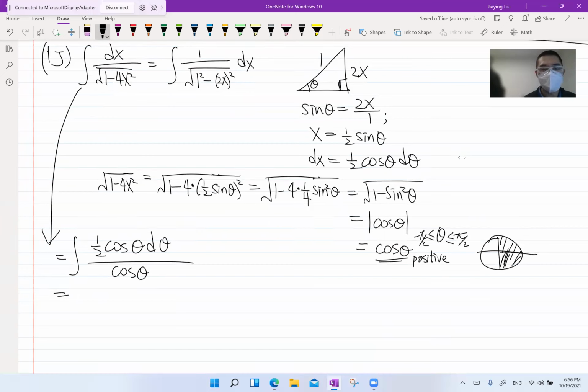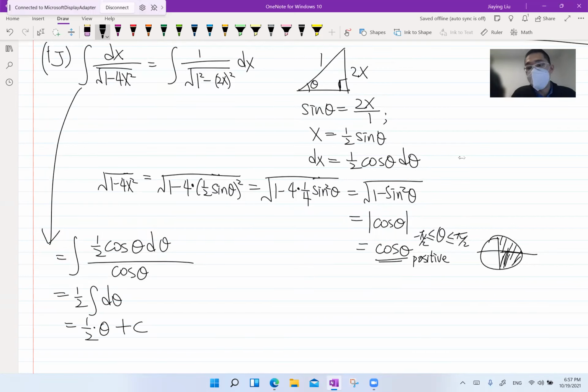That's trig substitution, and then cross out the cosine theta and move the half in front, so I get 1/2 integral d theta, and then we end up with just 1/2 theta. You don't have to add anything there, plus a constant. I did not know it was so nice. Anyway, that's a good thing, right?